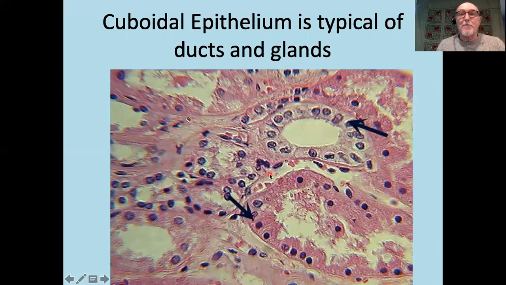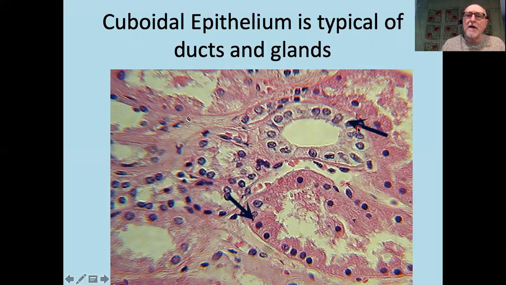Okay, remember, I also told you that epithelial tissues are also the major component of all the glands. Most glands are derived directly from epithelial tissue. Not all, but most glands are derived from epithelial tissue. And here is a very simple example.